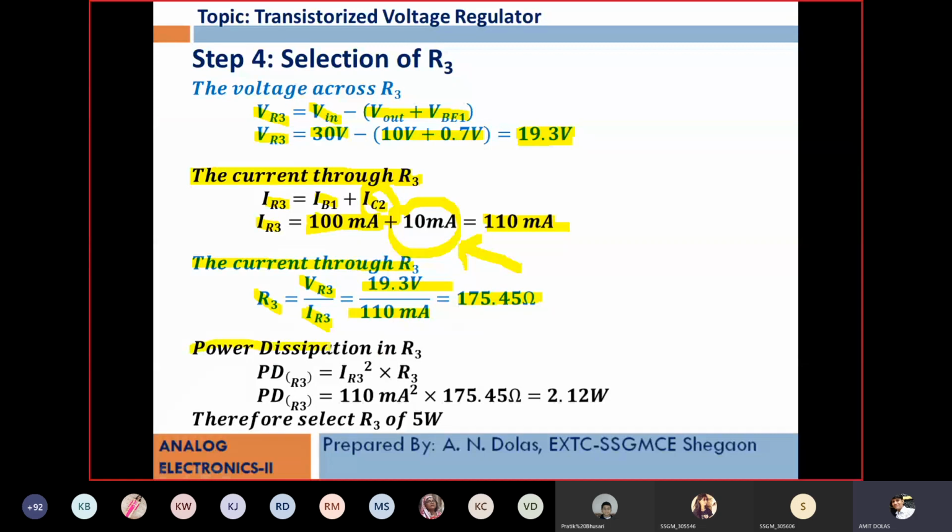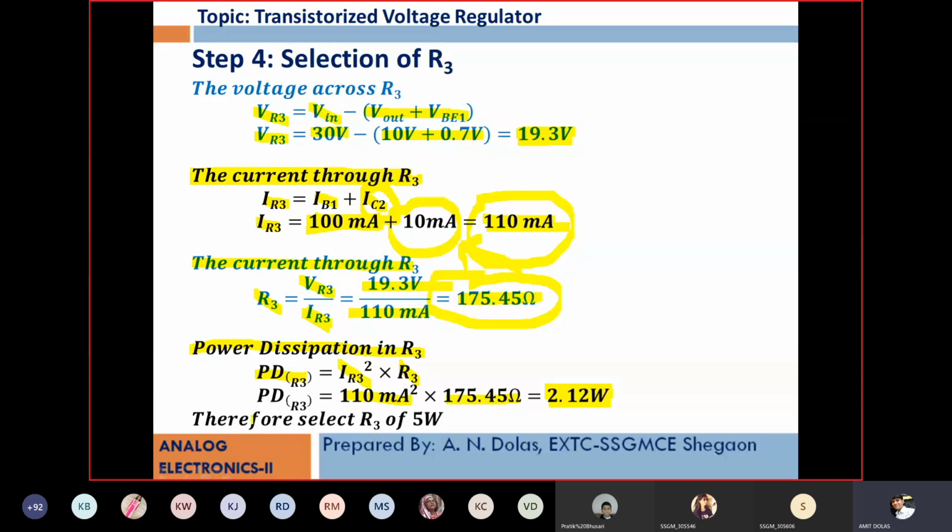Then the power dissipation in R3, PD of R3 will be current square multiplied by resistance. So current is 110 milliampere, its square multiplied by resistance 175.45 ohm, so it is 2.12 watt. Wattage of the R3 is 2.12 watt.